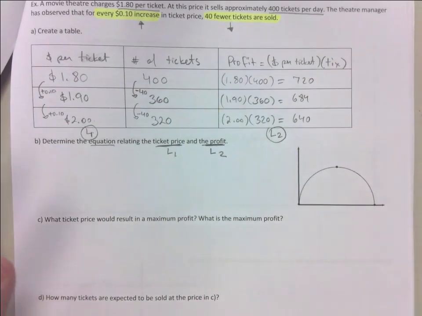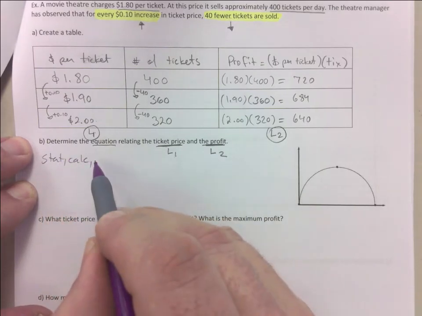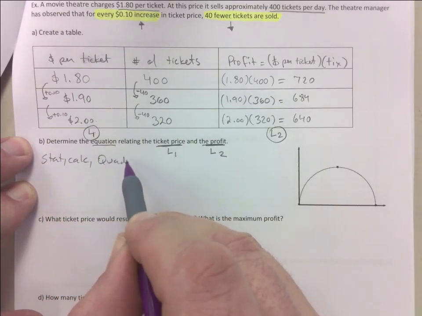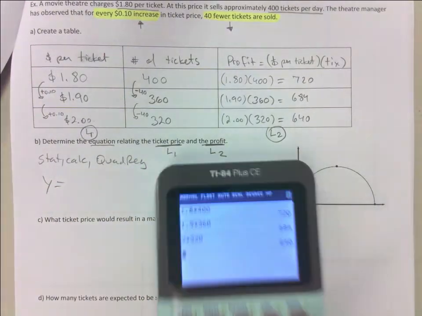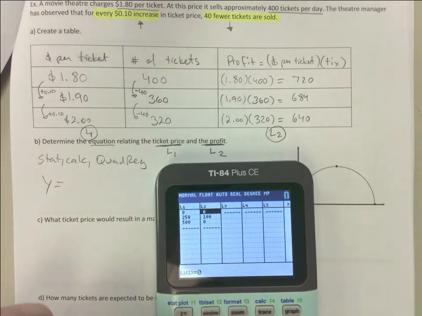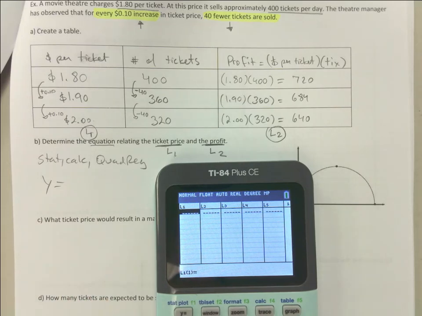Okay. So let's come up with our equation here. Stat, calc, quad reg. I'm going to come up with the equation. Stat edit, clear, clear. So 180, 190, 2.